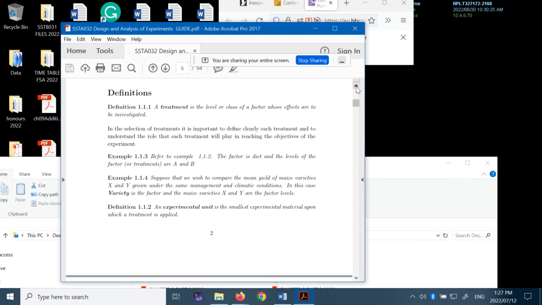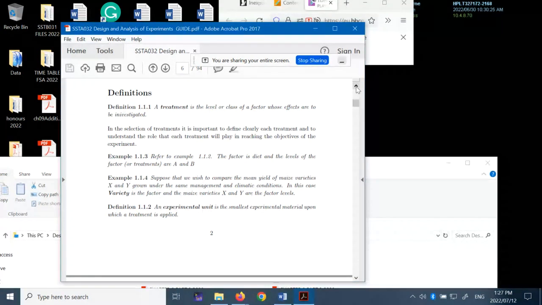It says: an experimental unit is the smallest experimental material upon which the treatment is applied. In this case, it is you guys, the students. Our treatments, based on that example, are the 3 teaching methods.